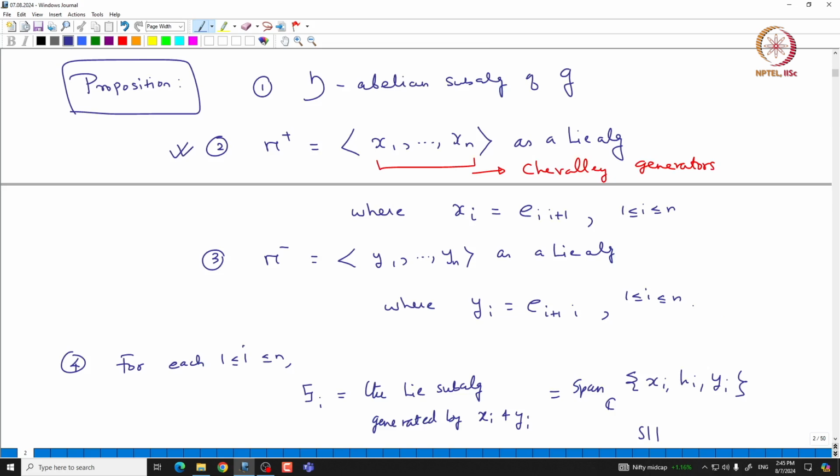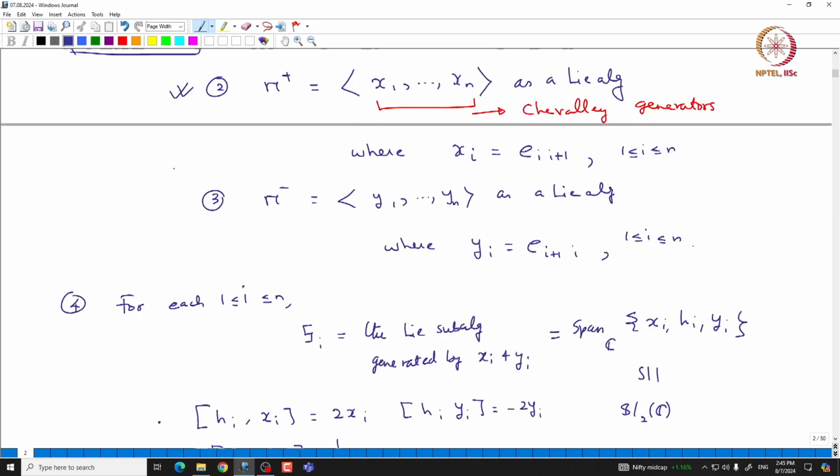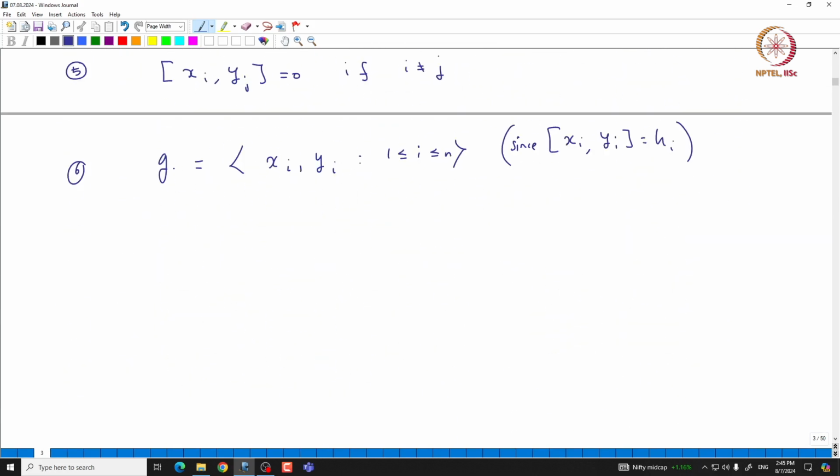So, we will prove only 2. Why is 2 true? Let us take some basis element E_ij, for 1 less than or equal to i less than j, coming from 1 to n plus 1. We can just compute what E_ij will be.